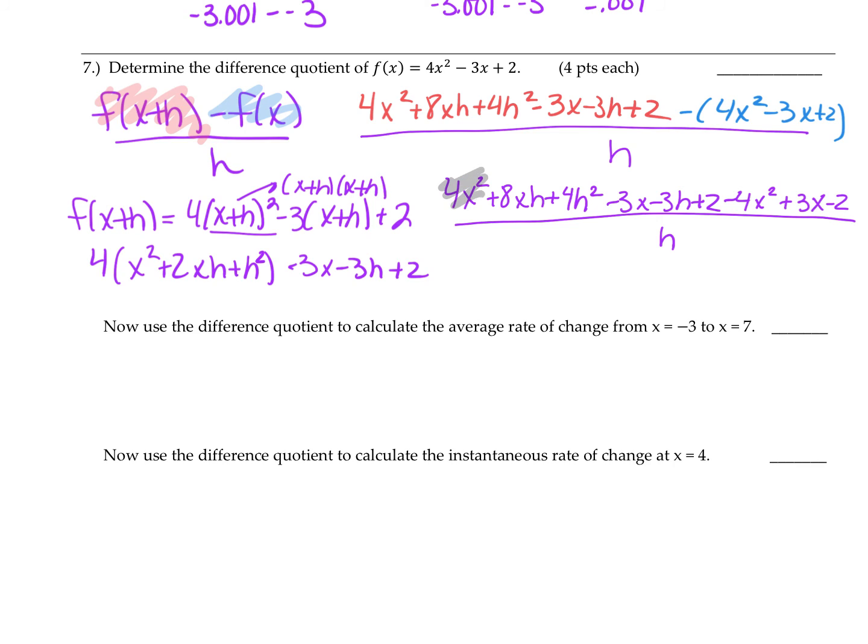My 4x squared will cancel with my negative 4x squared, my negative 3x will cancel with my 3x, and my 2 will cancel with my negative 2. So I'll be left with 8xh plus 4h squared minus 3h all over h. My final answer will be 8x plus 4h minus 3.